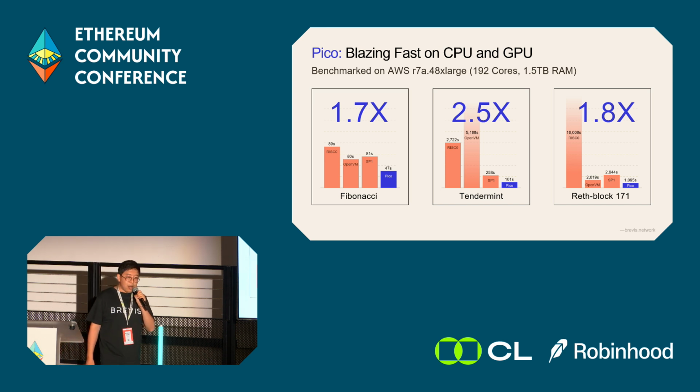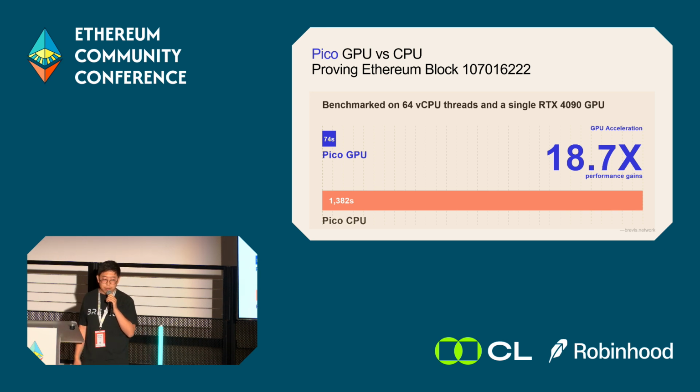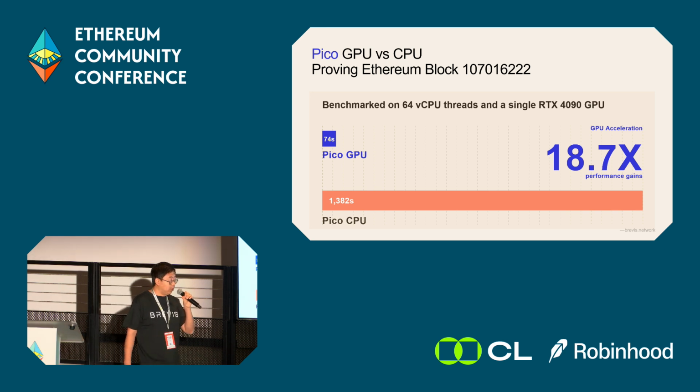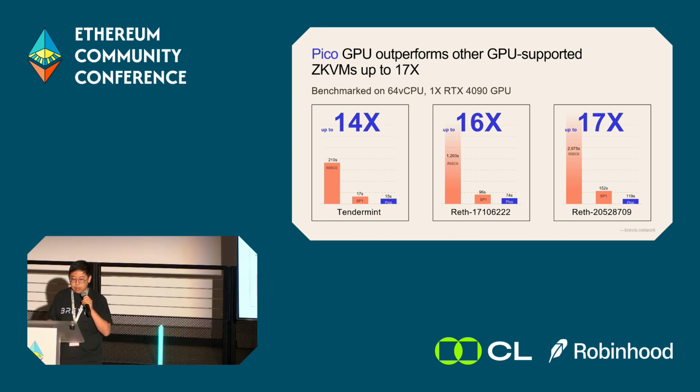And Pico is also blazingly fast. It is very general, but it's also fast. We're the fastest zkVM on CPU, and just last week, we announced our GPU version, the first version of our GPU prover that allows you to accelerate the CPU prover by approximately 20 times. We also launched a benchmark test with other GPU-supported provers.